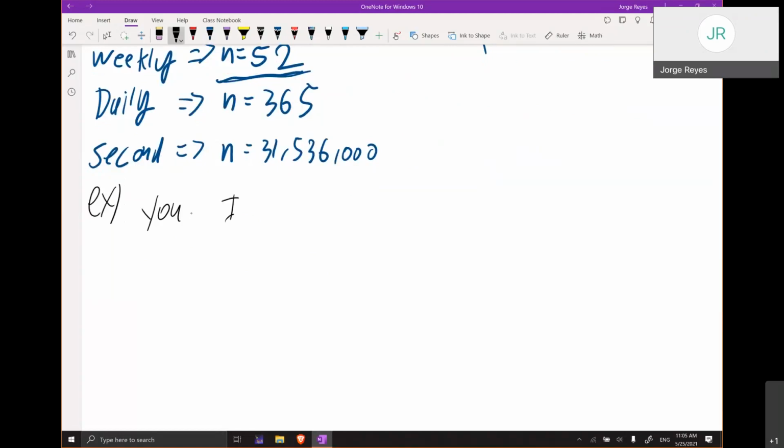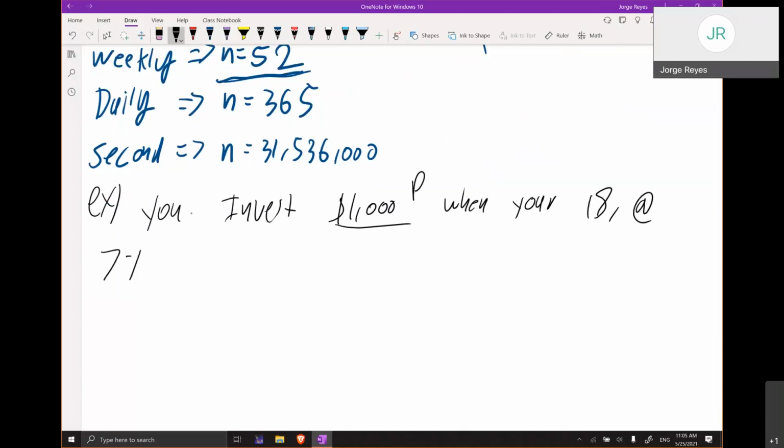You decide to invest $1,000 principal when you're 18 at a 7% interest rate, compounding quarterly.